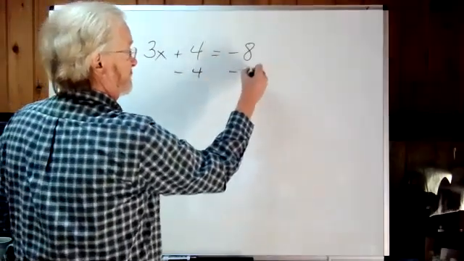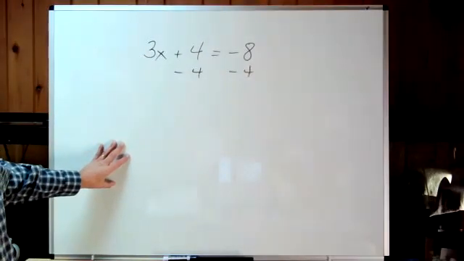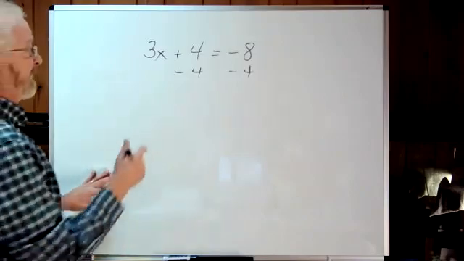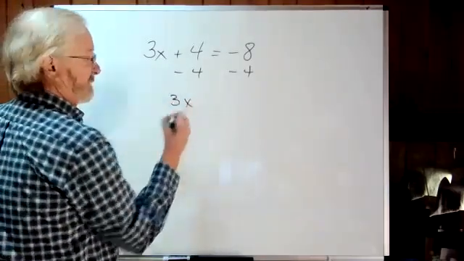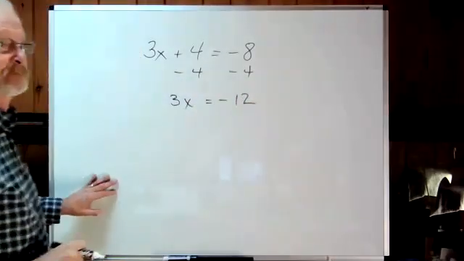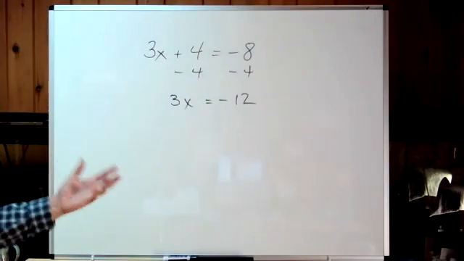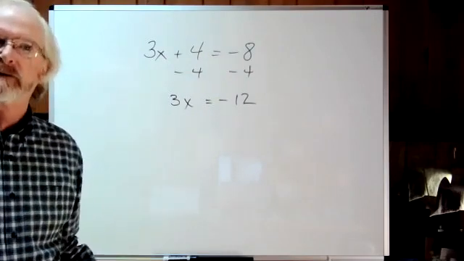We presented this sort of vertical format a little bit yesterday, right? So if I subtract that 4 from both sides, this side is left with the 3x. And here I've got -12 now, -8, -4 more, right? Now it looks like just the multiply or divide type.